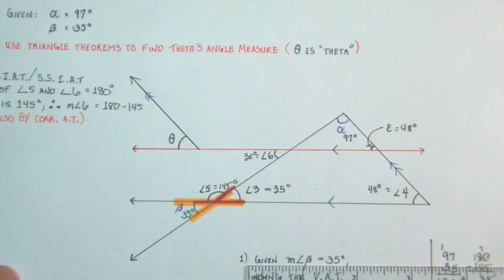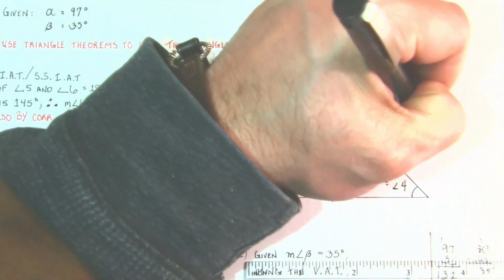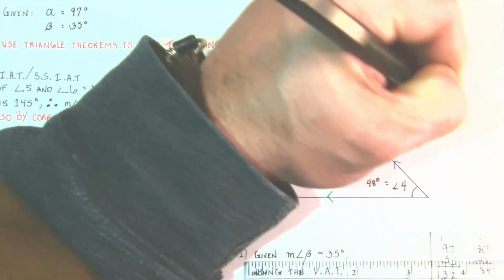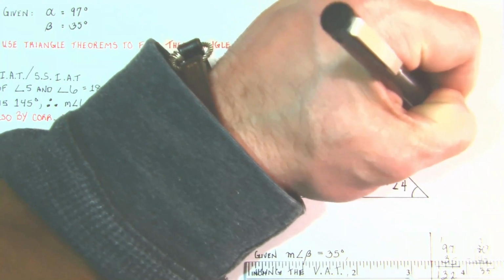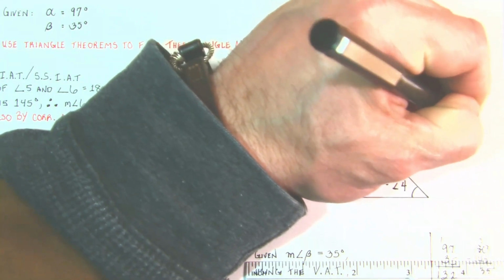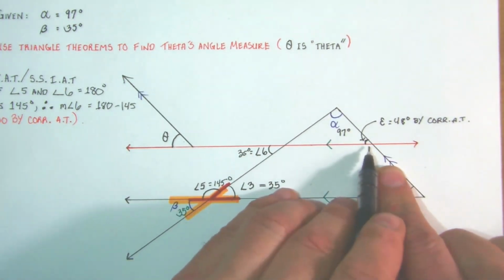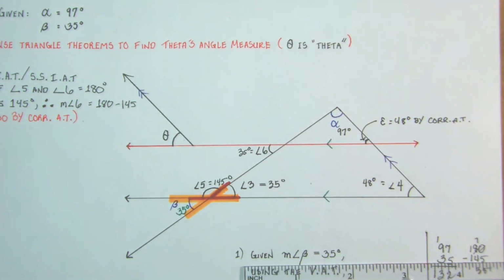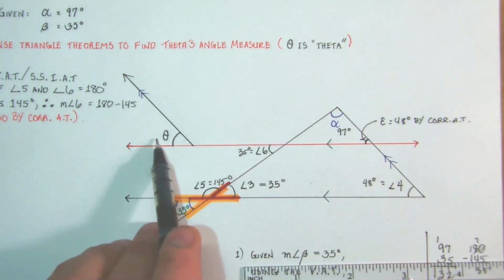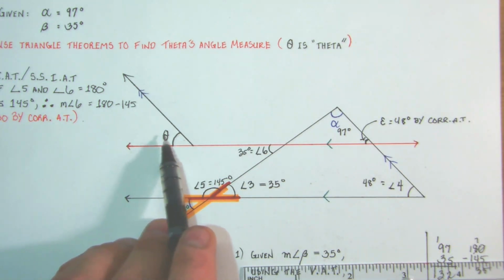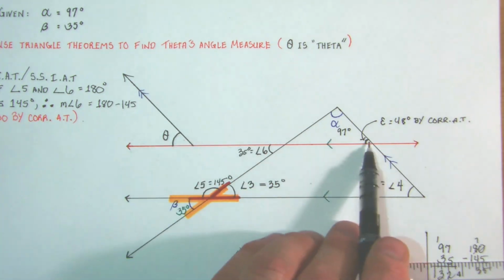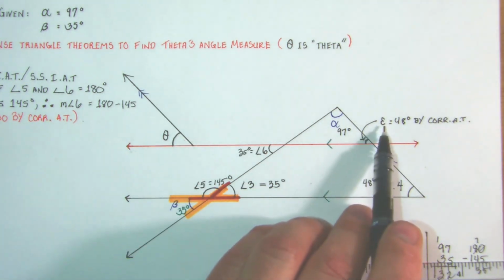And I'm kind of going to inset the justification here by CORR. A.T. Okay, so now, if this is 48 degrees, I now can jump over here and say that this is 48 degrees because these are corresponding angles as well. Theta is corresponding to epsilon, all right?